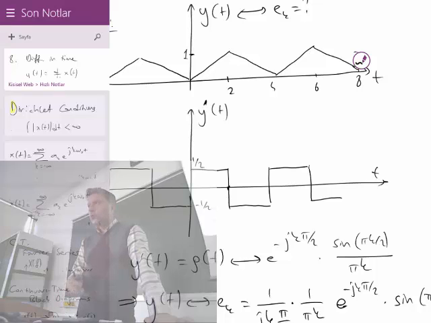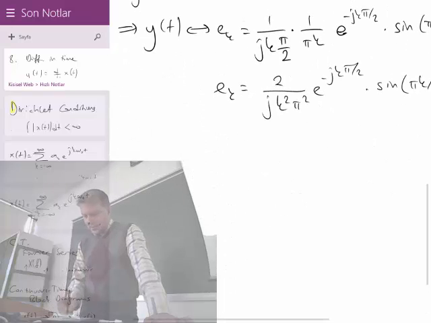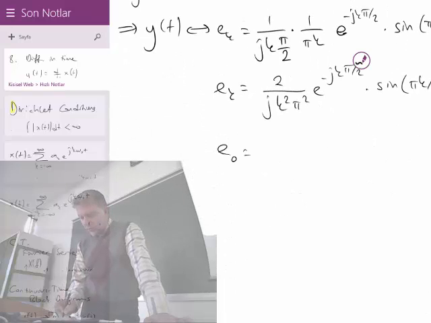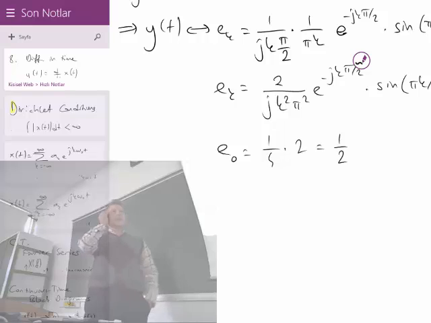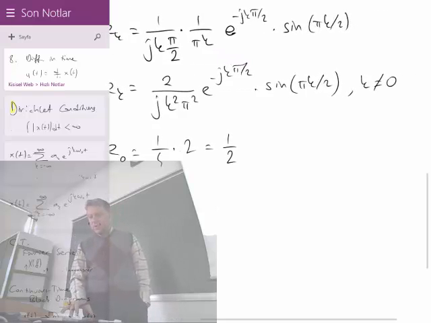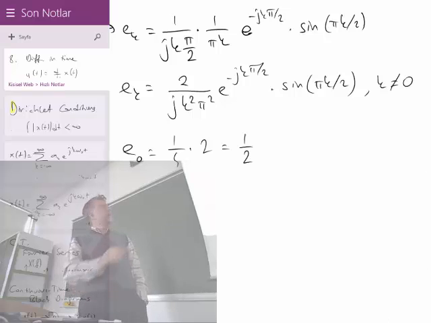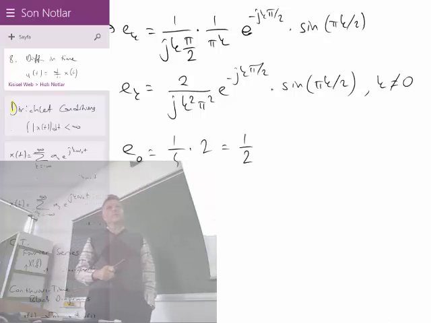Therefore, it is 2 as an area. And the period is 4, so it is 1 over 4 times 2. And we say that a0 is equal to 1 over 4 times 2, that is 1 over 2. So separately you need to indicate the DC coefficient. For 0, it is 1 over 2. For all other cases, ak is equal to that long term over there.